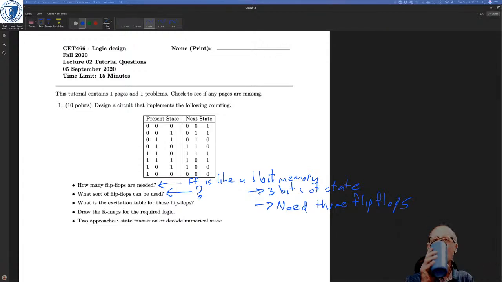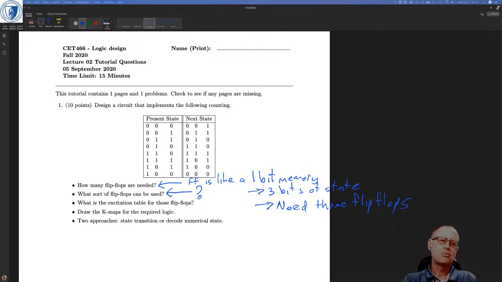This is JK. JK only, you think? You could probably also use an SR. Yeah, I reckon you could probably use either an SR or a JK.